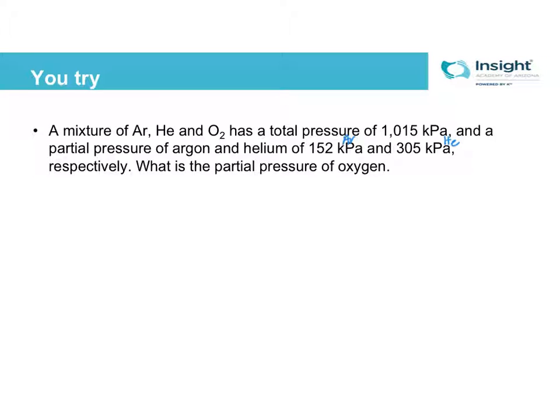This time we've got 3 gases, so our P total is equal to P1 plus P2 plus P3. You know two of the pressures, and you've got to solve for the third one. What do you get? My total is 1,015, which equals 152 plus 305 plus my third pressure.